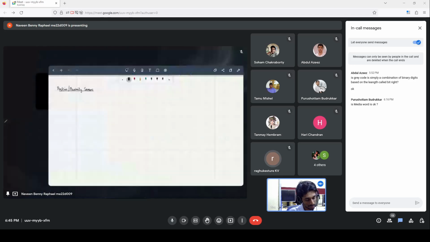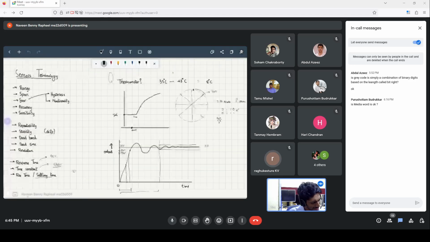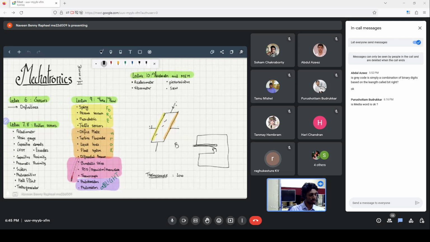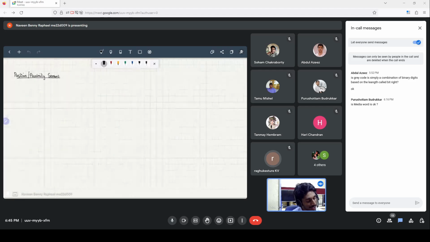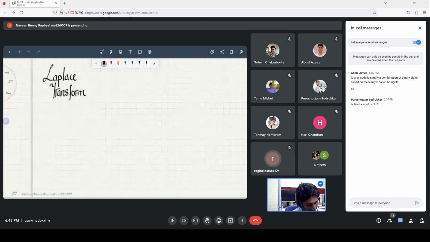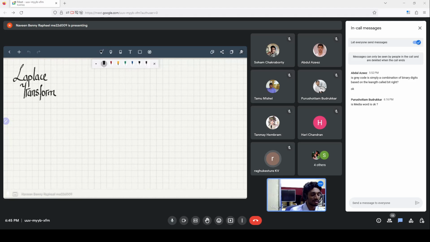So I think that's most of everything in the last entire week. In case time permitted, I thought we'll talk a little bit about the Laplace transform, because using the Laplace transform to solve differential equations is a very common tactic we use, but I'm not certain we have enough time to go through the entire thing.